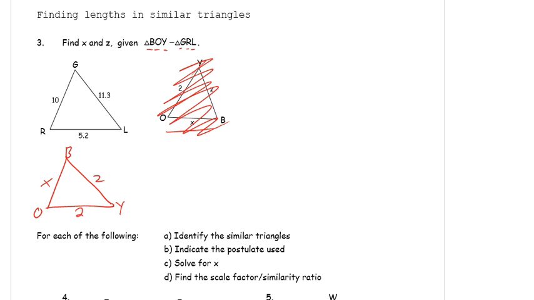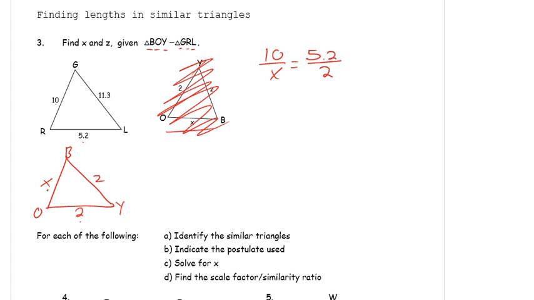Okay? Well, one proportion, I'm going to go for X first. We could say something like 10 over X, those match up, is equal to 5.2 over 2. Okay, that'd be a setup to find X. Setup to find Z, you'd have to do something a little bit different.